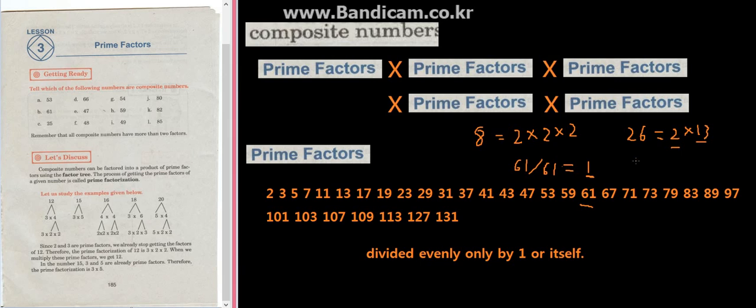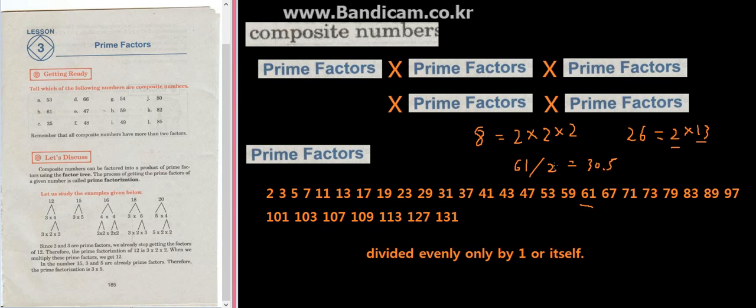And this is the only exception. Apart from 1, you cannot make a whole number with any division. By 2, it would be 30.5.